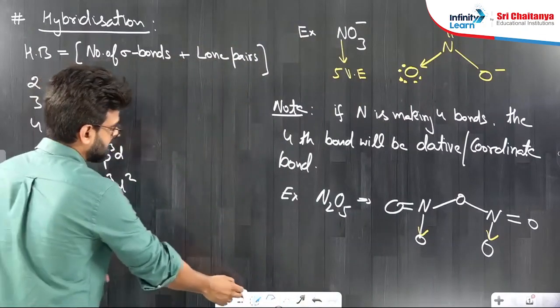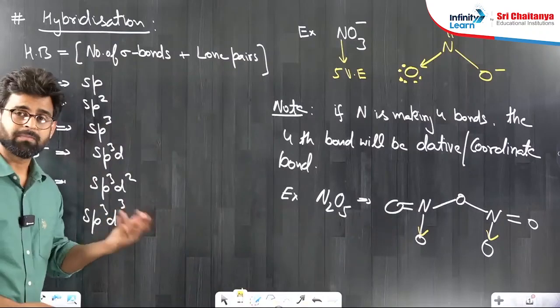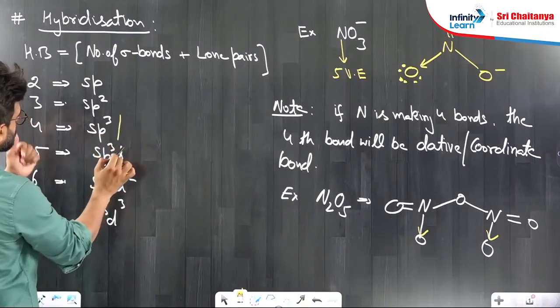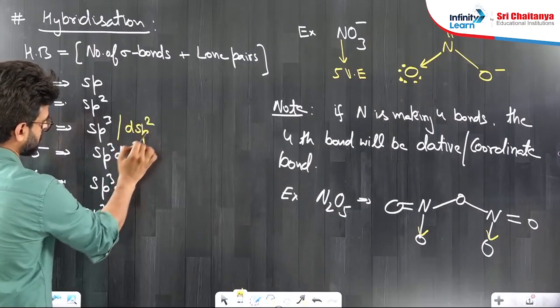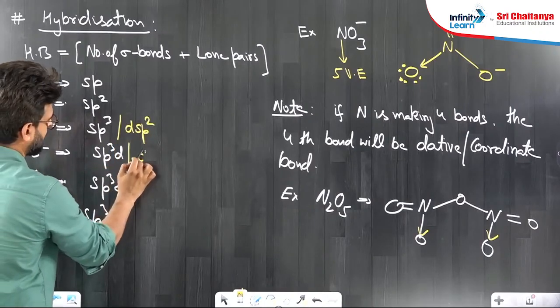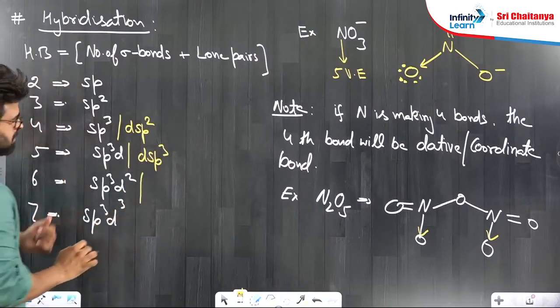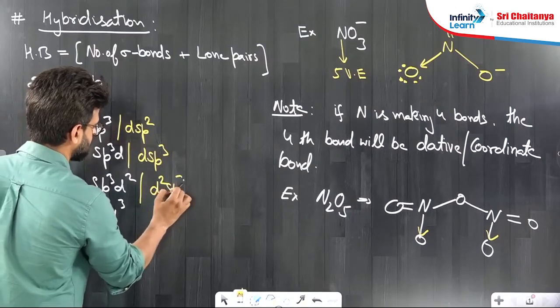First of all, these are the main part. When you will go in chapter coordination compounds, you will see some extra part, like if there are 4 things, so instead of just sp3, dsp2 also possible. If you have 5 things, then dsp3 also possible. If there is sp3d2, then d2sp3 is also possible, right?